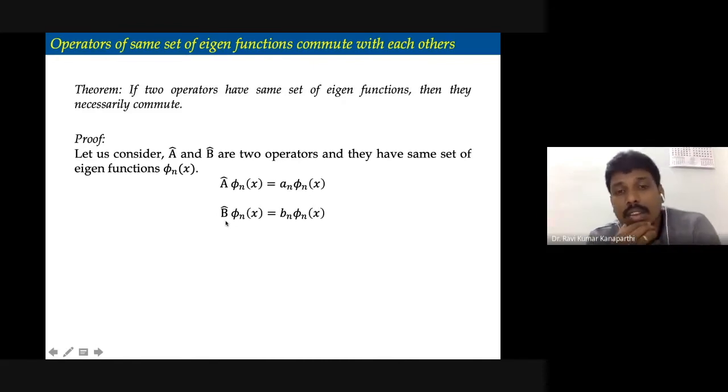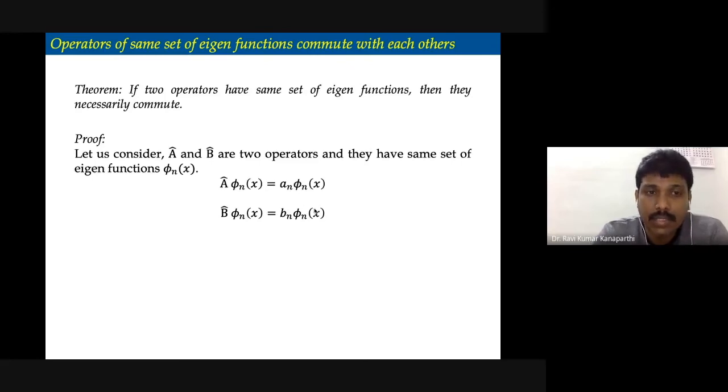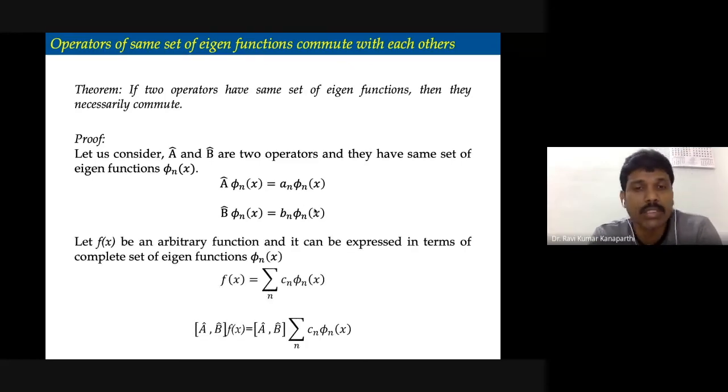And for another eigenrelation, suppose the operator B operates upon phi n of x, we get another eigenvalue, bn, multiplied by phi n of x. So these are the two different eigenrelations for A and B respectively, for phi n of x. So phi n of x is the eigenfunction for the two operators.